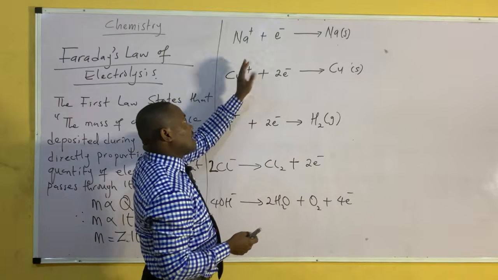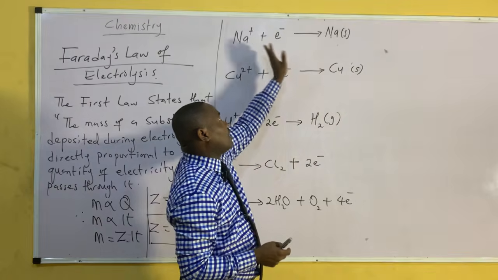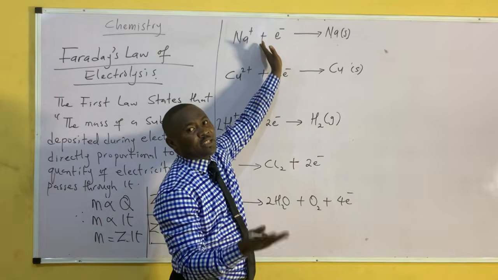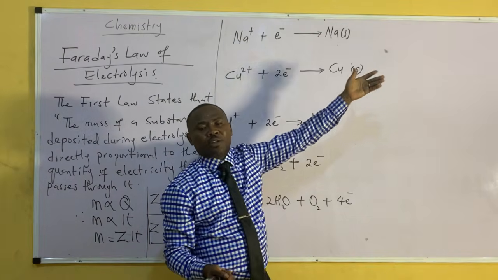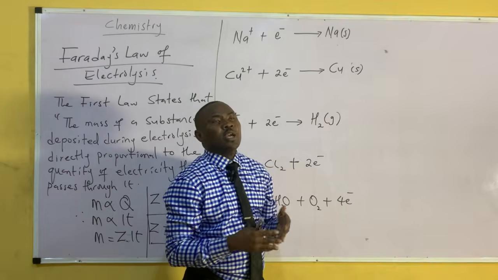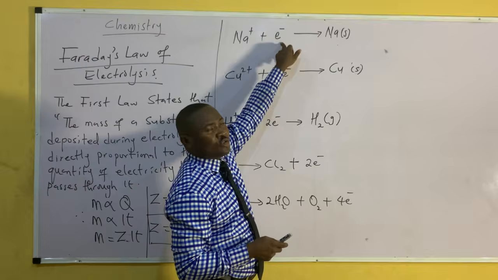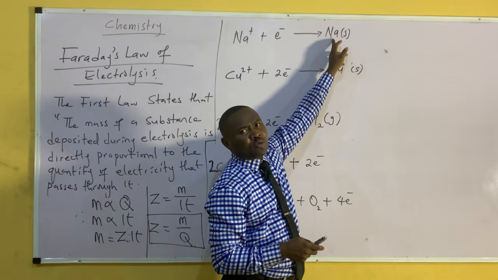Now, for instance, this could be a cathodic reaction. Remember, these are positive ions and they go to the negative electrodes. So this kind of ion will definitely migrate to the cathode if need be. Now we have sodium ion plus 1 electron to give us sodium deposit.